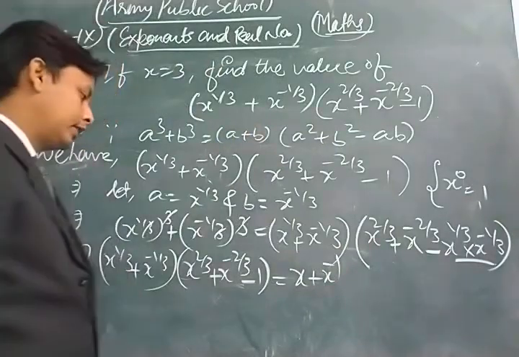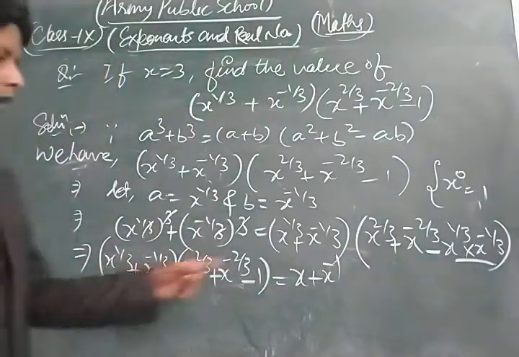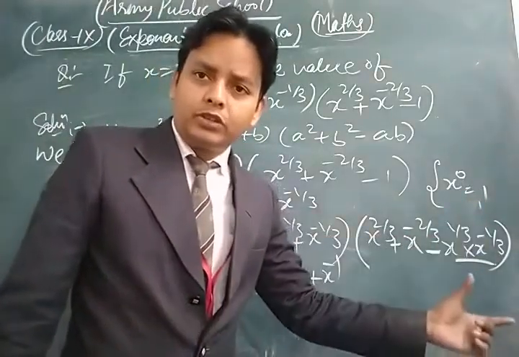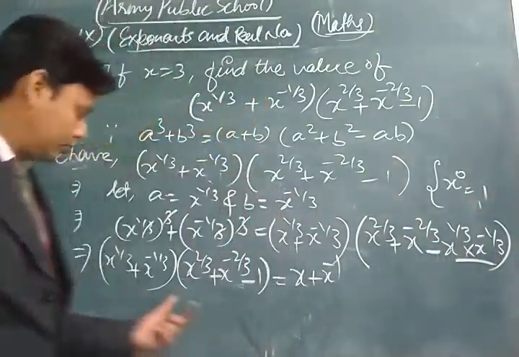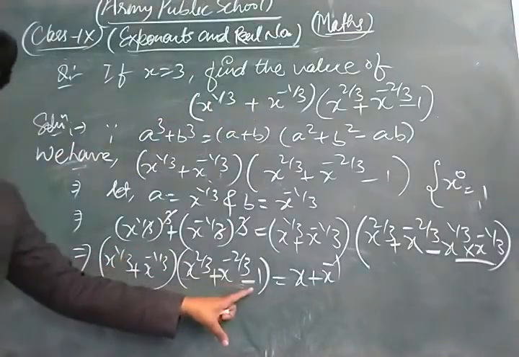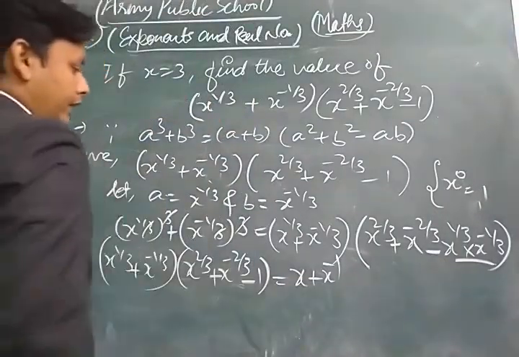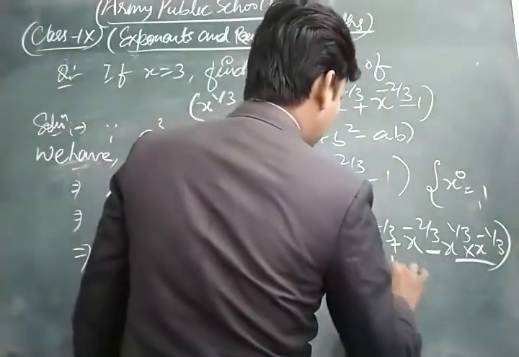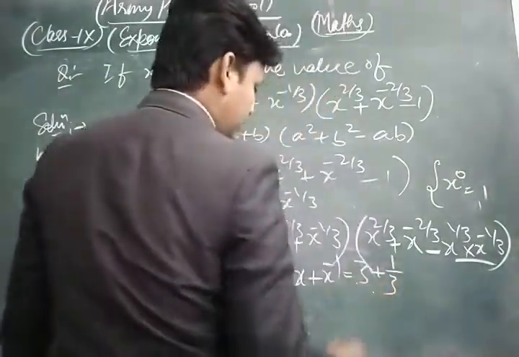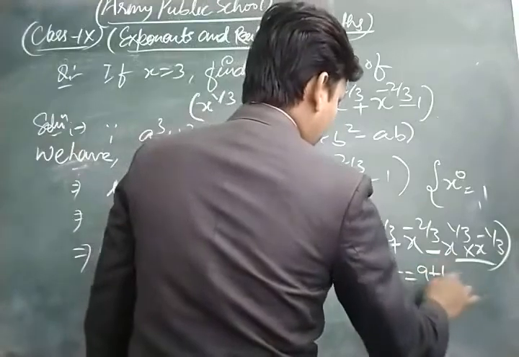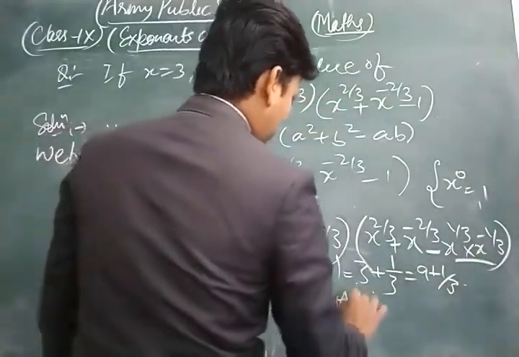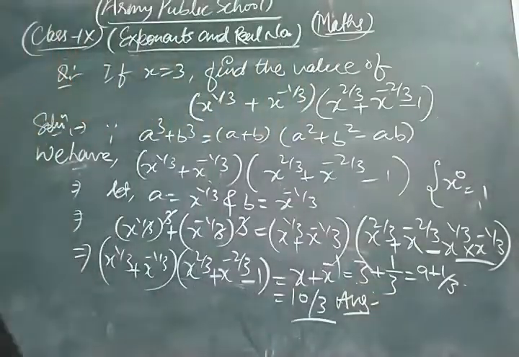Now, dear student, here the value is x to the power 0, and its value is 1. So here we can write 1. Now we simplify. The value of x is 3. So 3 plus 1 upon 3. Three threes are 9 plus 1 upon 3, that is 10 upon 3. This is the required solution.